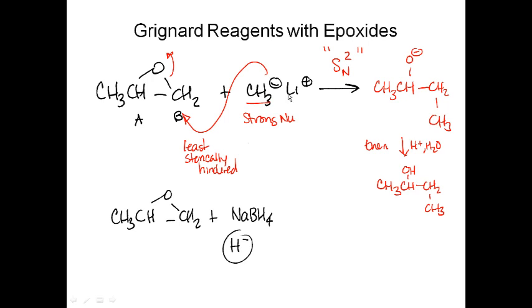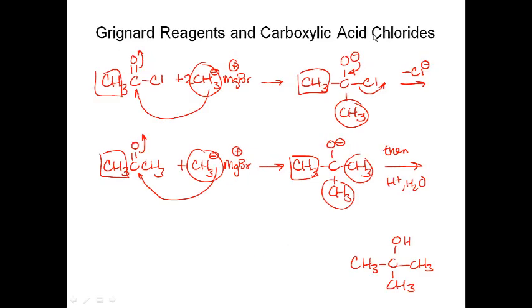Okay, so when you react Grignards with epoxides, the Grignard is going to attack the carbon that's least sterically hindered to open up the epoxide. Okay, and that's an important reaction. And I'll point out one other thing. In all of our other Grignards, and let me go back to this one just as an example, the CH3 group in this case ends up added to the carbon that was the carbon of the carbonyl group.